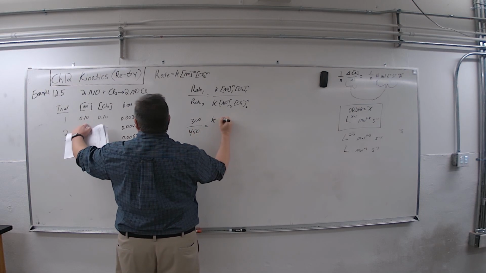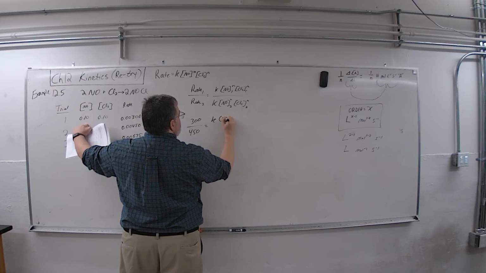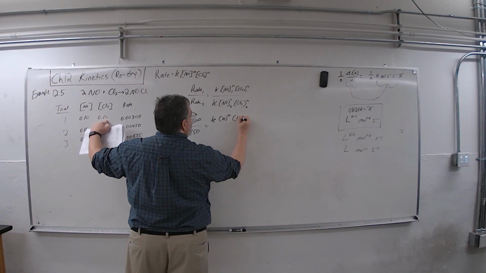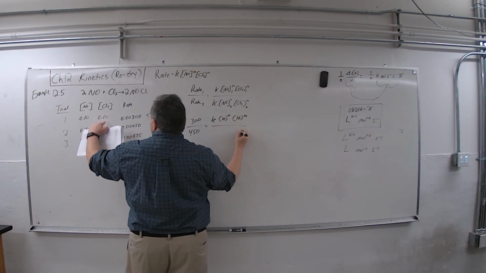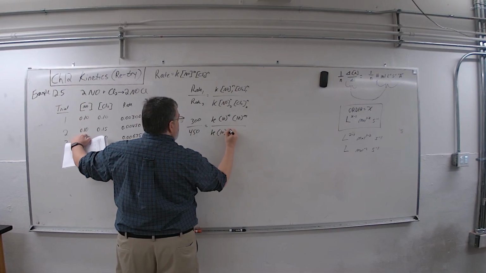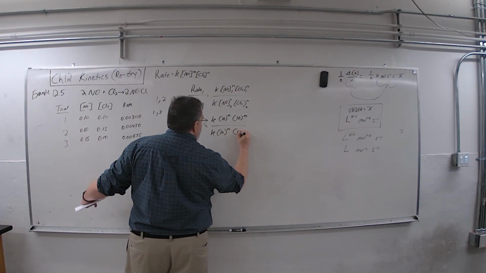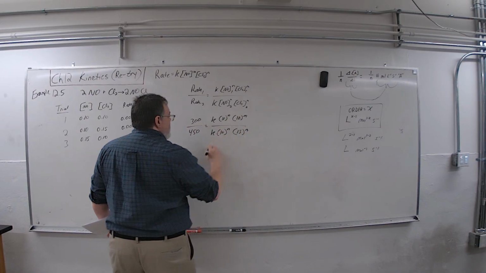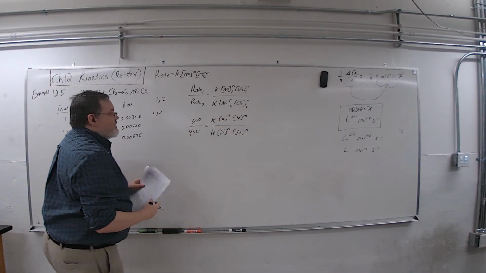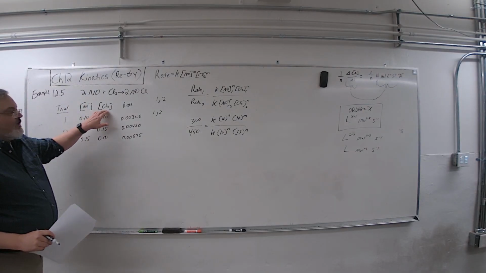Concentration for 1 for NO, I said I would use 10. Two. And that cancels out. These cancel. So we're finding M here for CO.